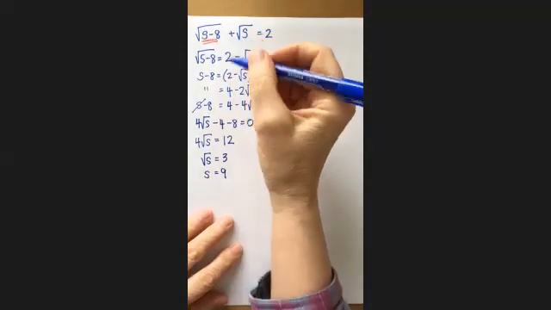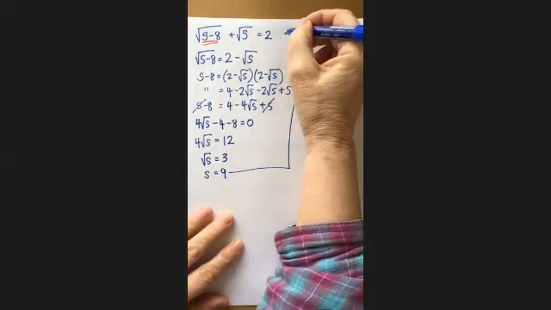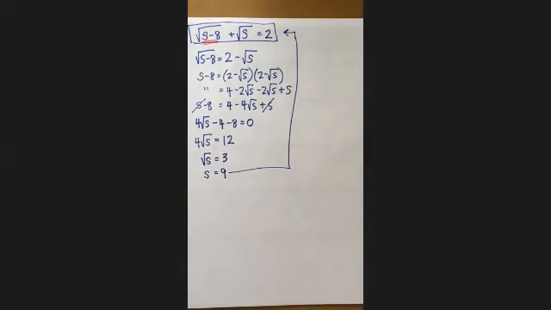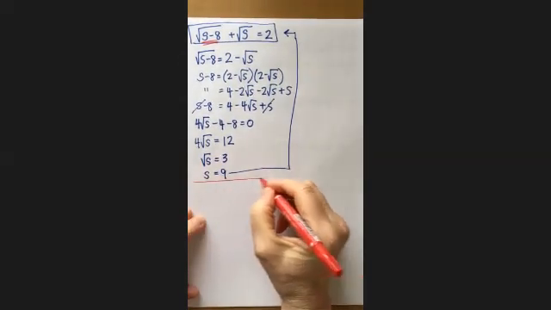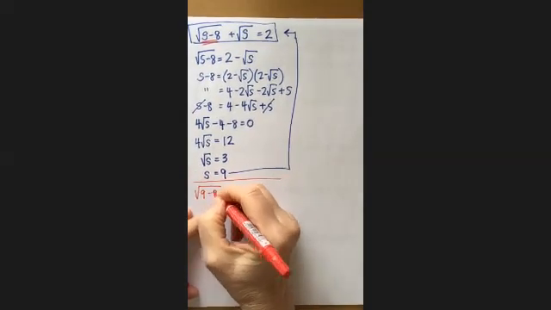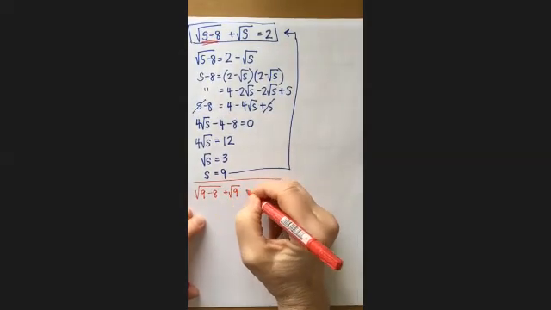What we're doing is we're putting the 9 back into the original equation. None of our manipulations, back into the very original equation. I'm going to do that part in red. So now we have the square root of 9 minus 8 plus the square root of 9 equals 2.